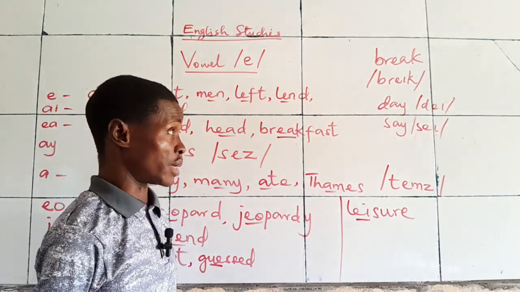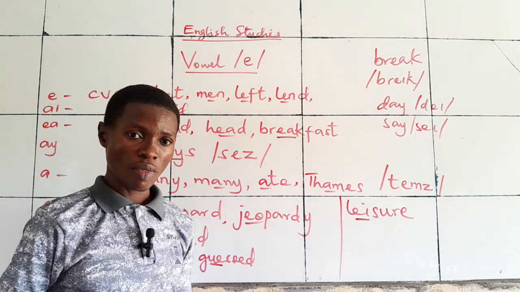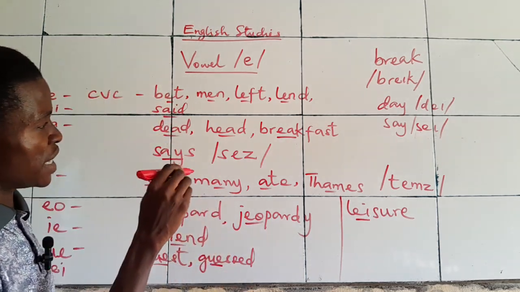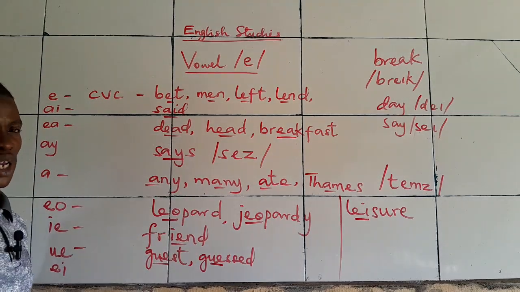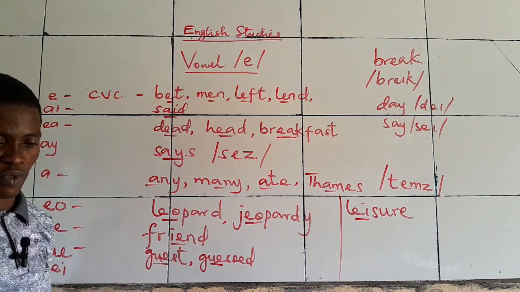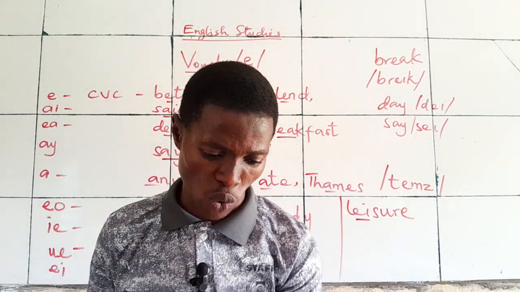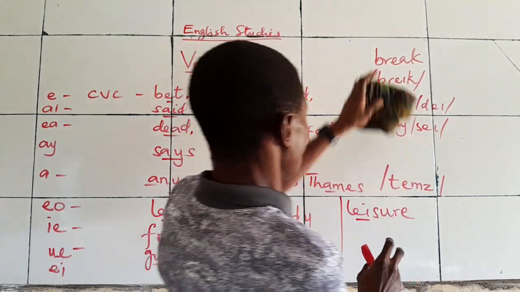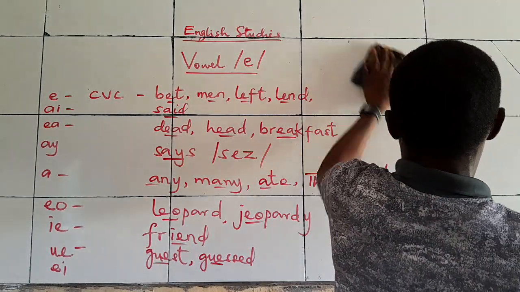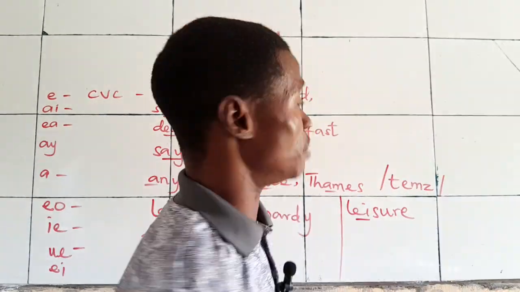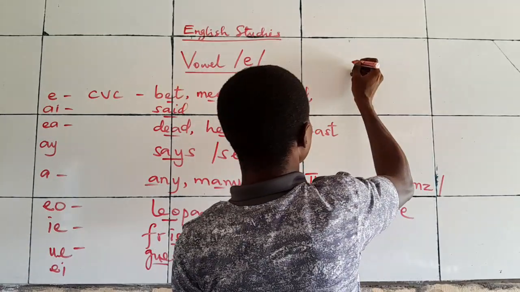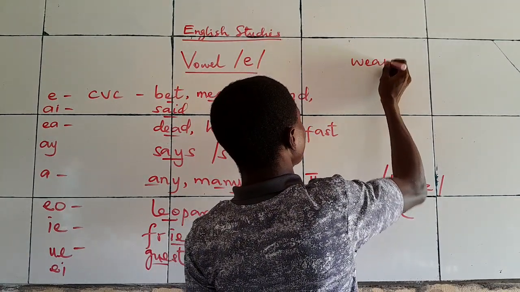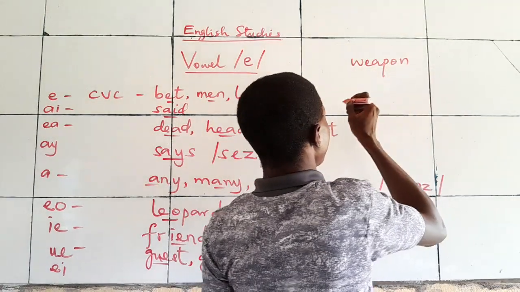I want you to write down the following words. What you need to do is identify the letters that will give us the sound E from them. The first one I'm going to write is W-E-A-P-O-N.